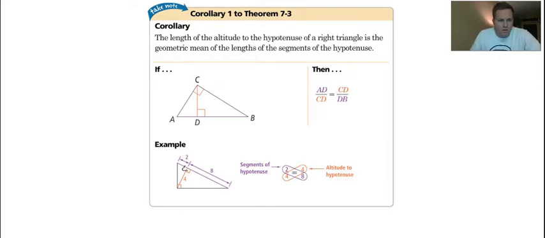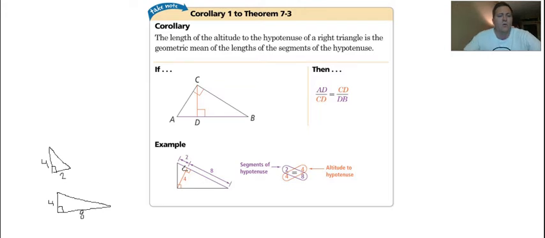If I were to draw it, the smaller one would look like this, where I have 2 and 4 right there. And then the bigger one, let's say it looks like this. There is my right angle. Here is 4, and here is 8.